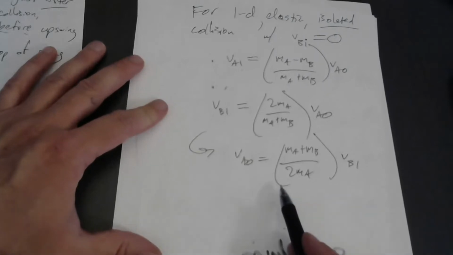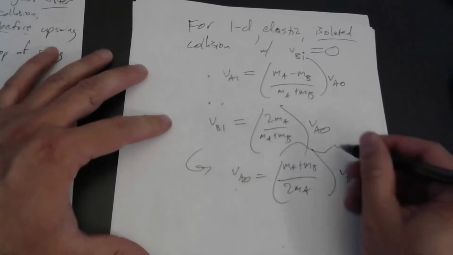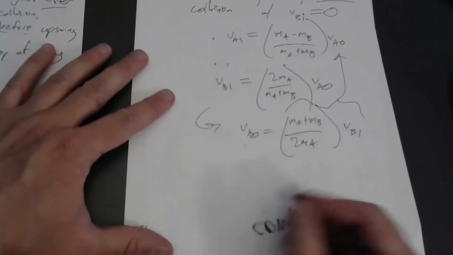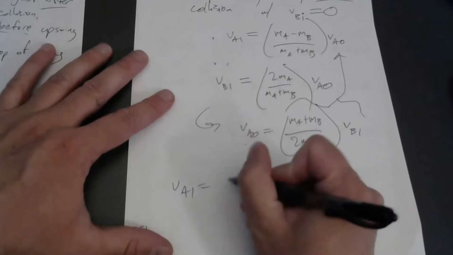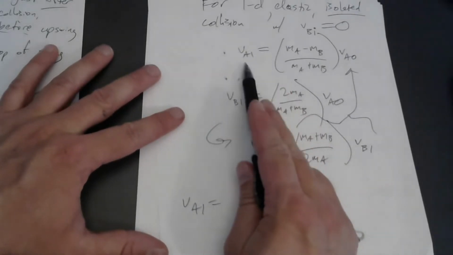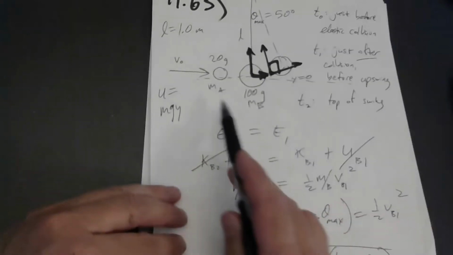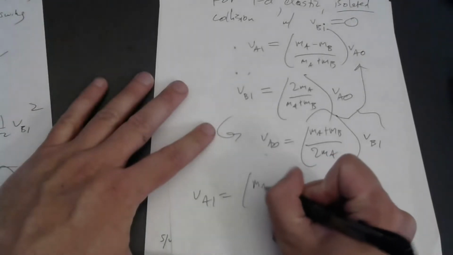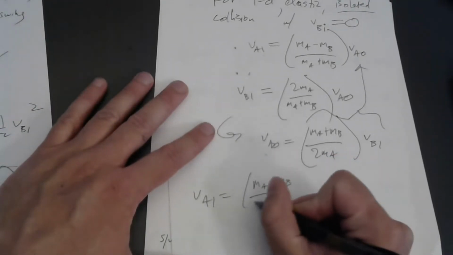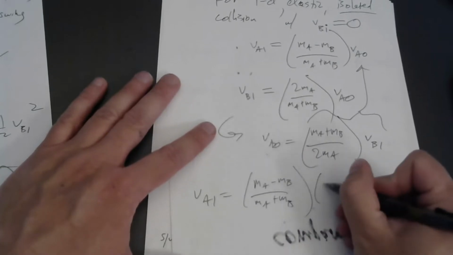And let's substitute this entire expression for VA naught in here. VA1, that's the velocity of the little ball as it bounces backwards. Here's where I substitute.